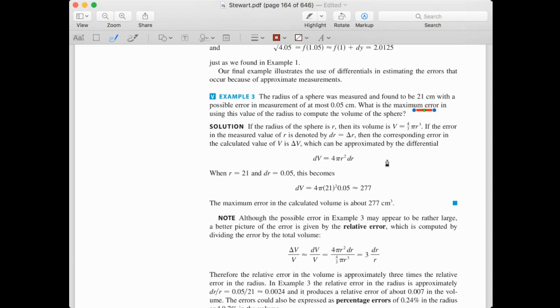Then the corresponding error in the calculated value of V, V prime or dV/dr, you can call this just another notation, can be approximated by the differential. Differential is another name for the derivative of the function. So we can write dV equals 4 pi r squared dr, right?